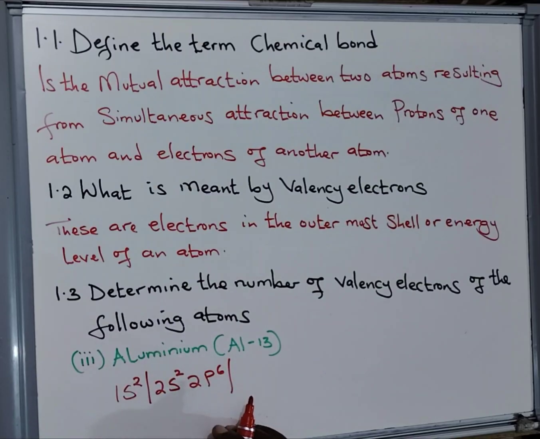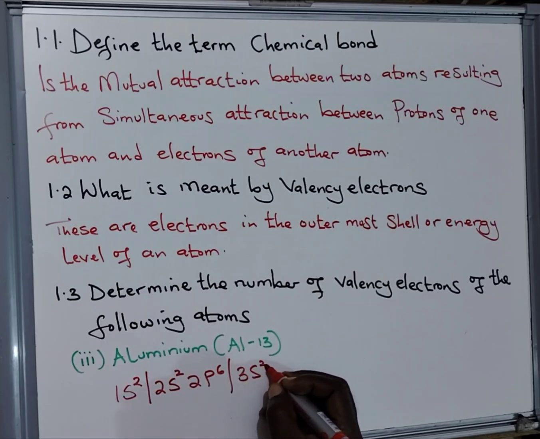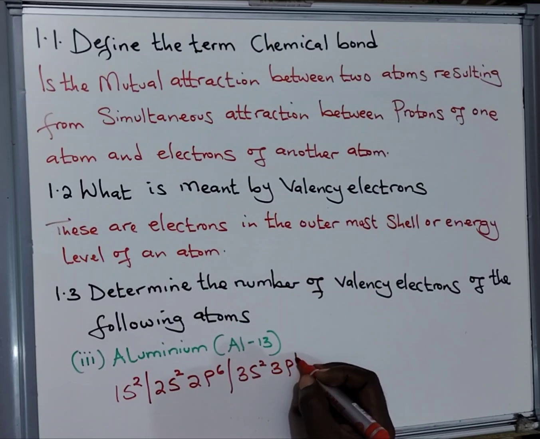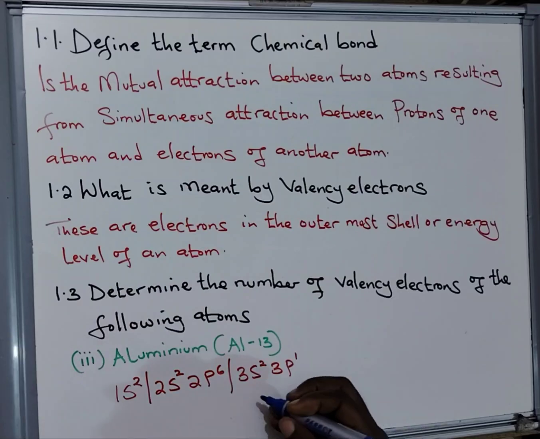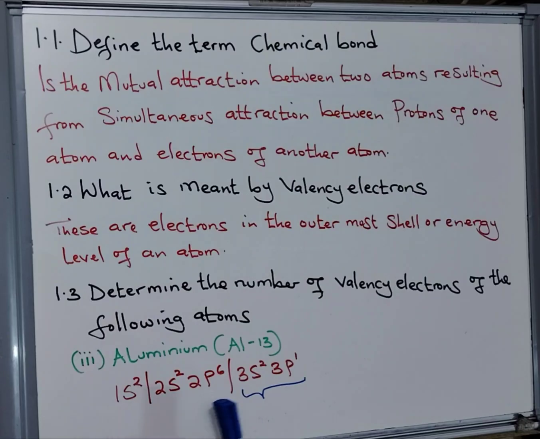These are already 10, and we are remaining with 3, so we come to 3s, taking a maximum of 2, and the 3p taking the remaining 1. So, for aluminium, what you have here are the valence electrons. So aluminium has 3 valence electrons.